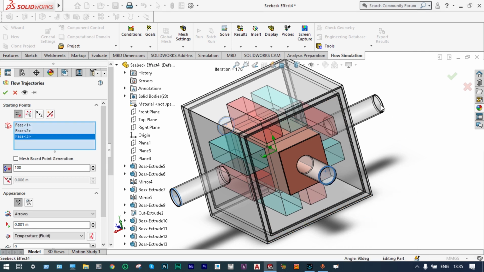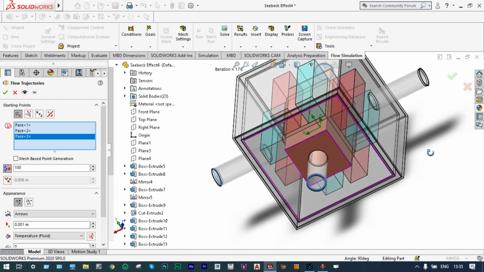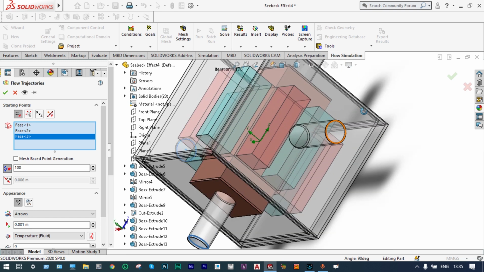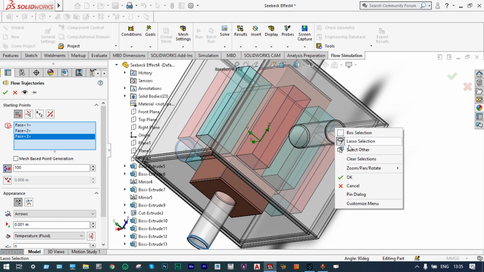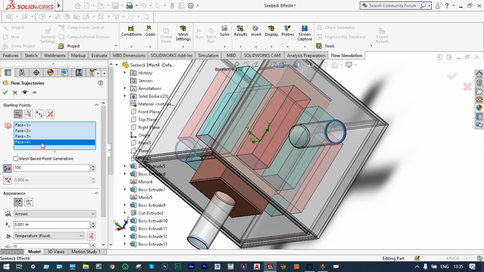Now the last one is needed. That means this surface, we can rotate a little bit. This is lid number 3. Select other. Lid number 3 is selected. So all the faces, face 1, face 2, face 3, face 4 selected.